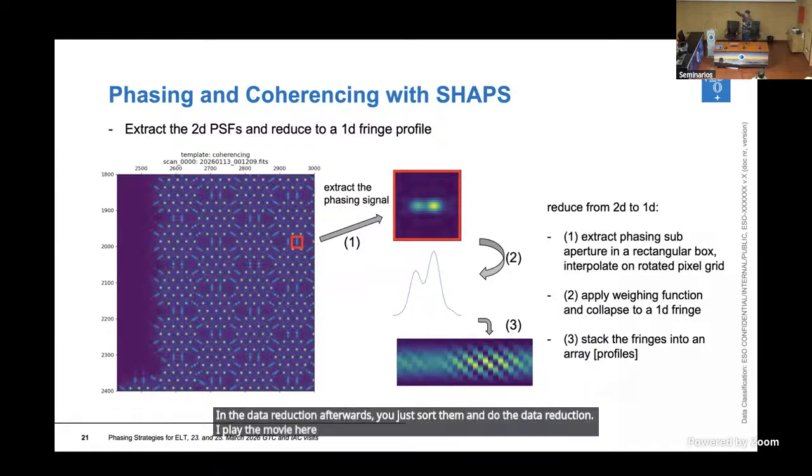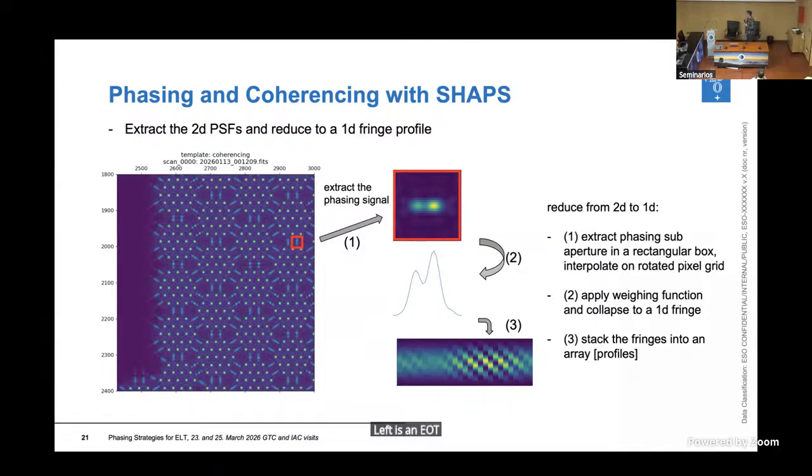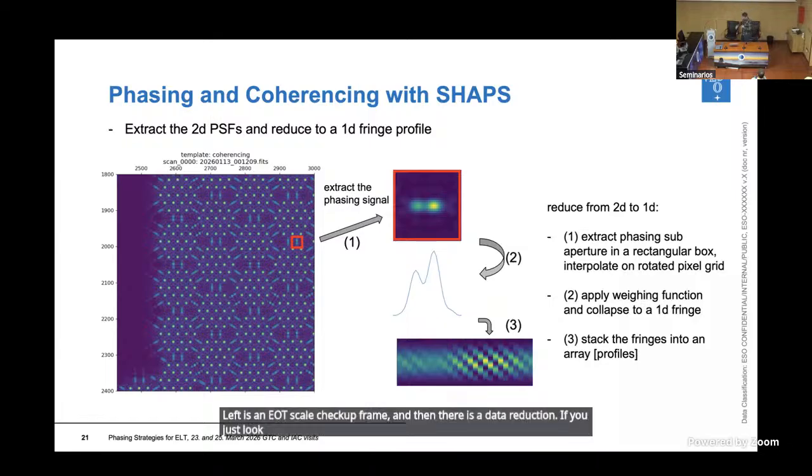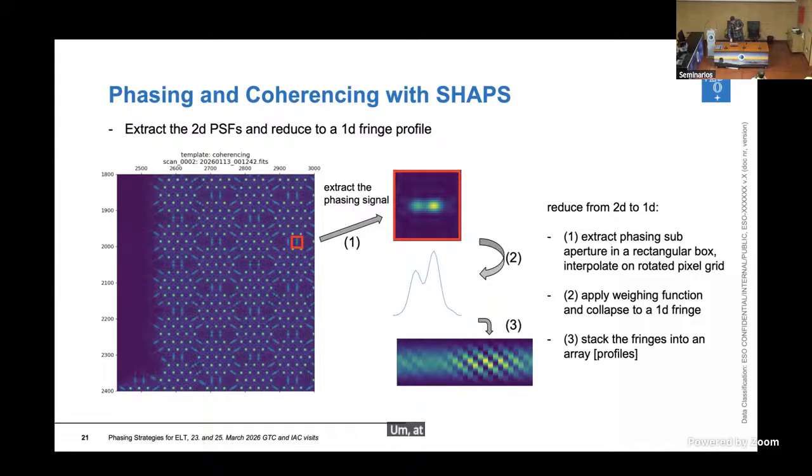This is just a scan applied. Left is an ELT scale Shack-Hartmann frame, and then there's the data reduction. If you just look at the Shack-Hartmann frame, what you see is that only the phasing signal varies. That's for sure, because we don't include tip and tilt.